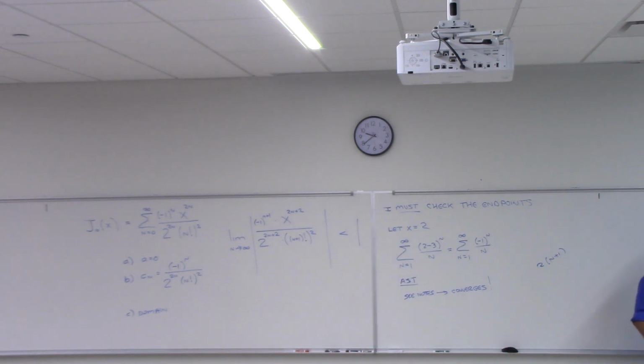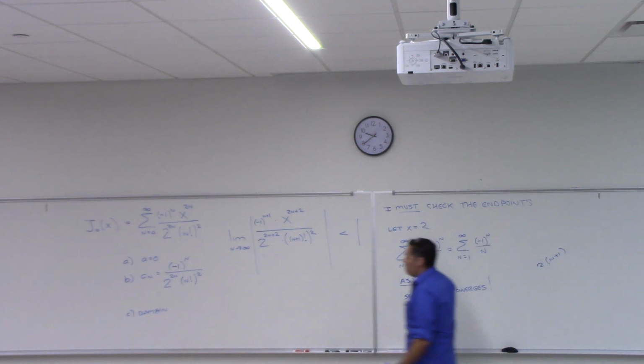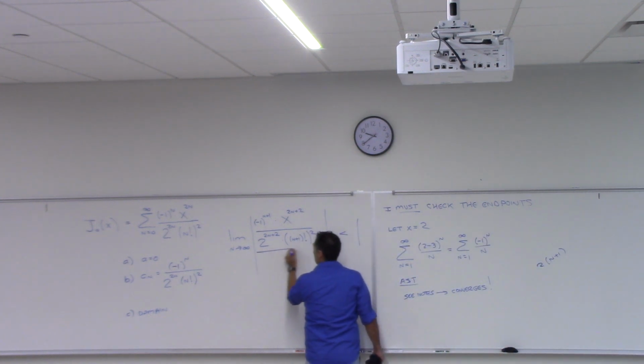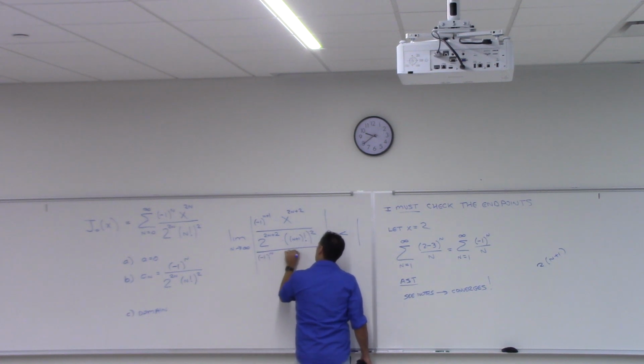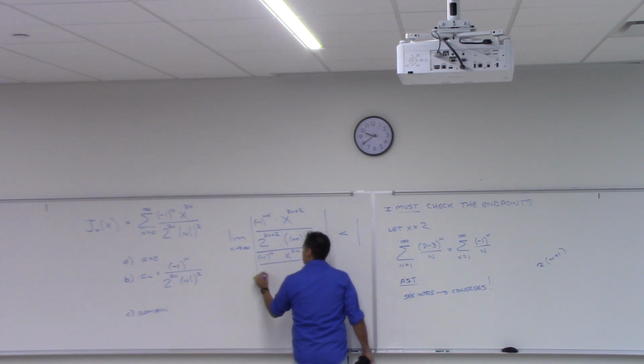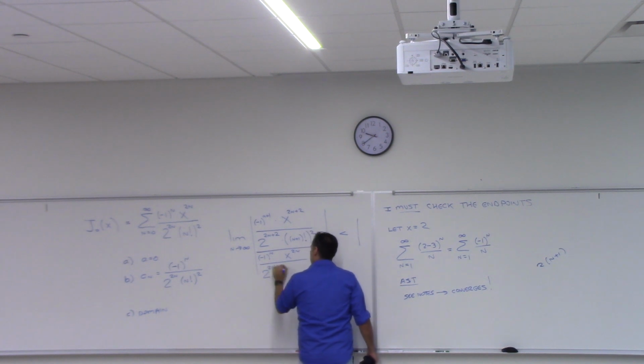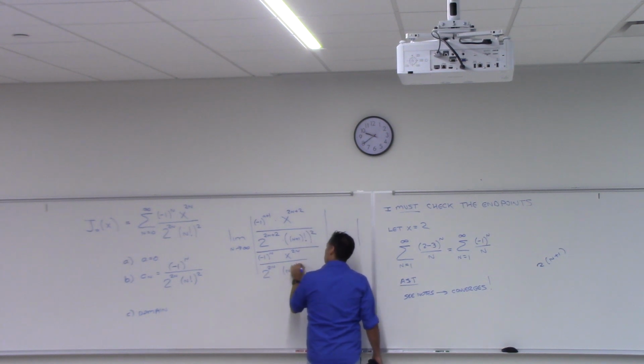Any questions on where I got any of that? All of this on top of the original, right? -1 to the n, x to the 2n, over 2 to the 2n, n factorial to the 2.